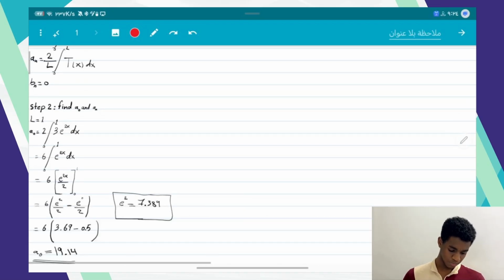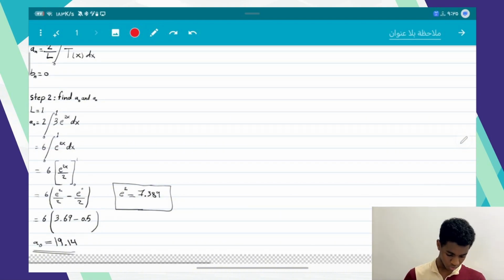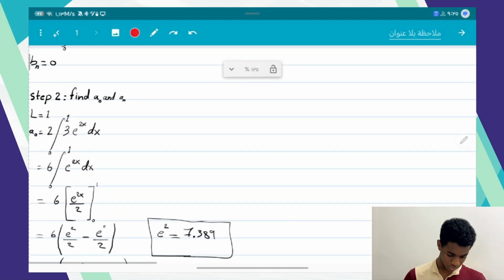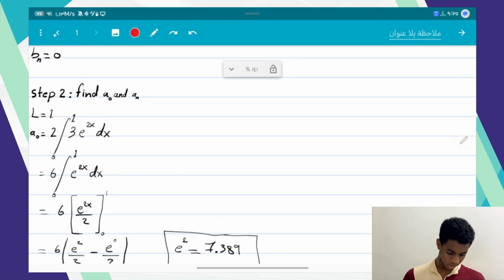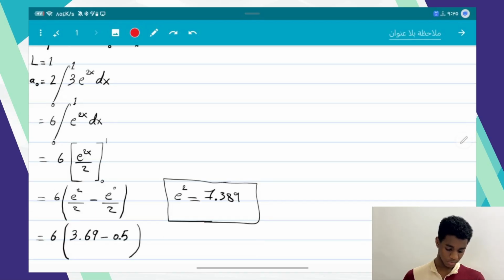Step 2, we have to find a0 and an. We already know L is equal to 1, so we find a0. That is equal to 2 multiplied by the integration from 0 to 1 of 3e^(2x) dx, which is 6 multiplied by the integration from 0 to 1 of e^(2x) dx.